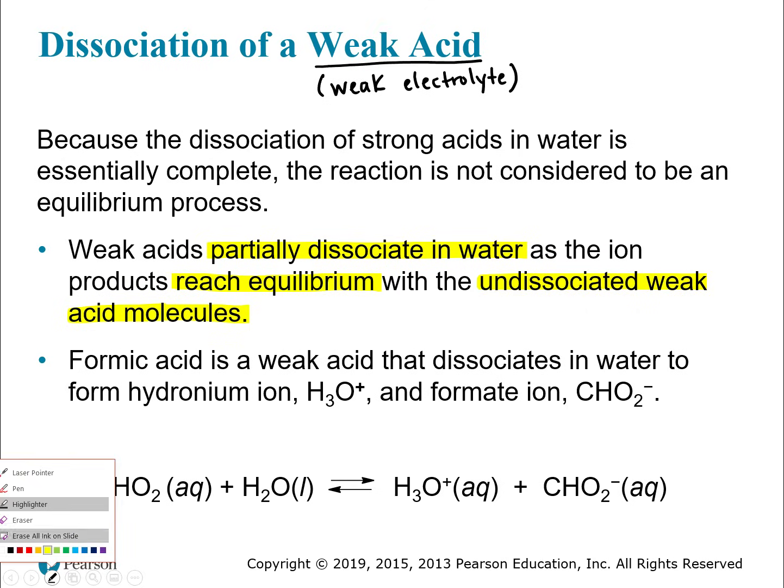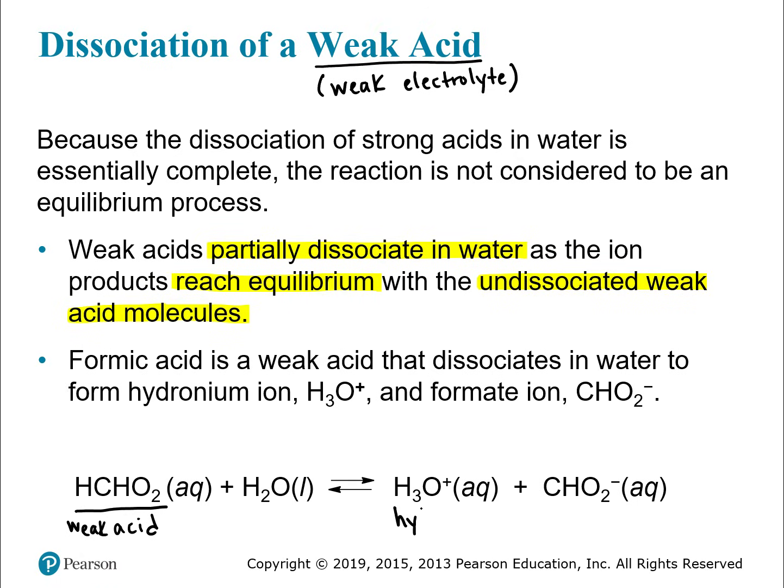So what that means, if we look at the equation below, is that we have an acid here, which is a weak acid, and it's in water, and it will dissociate to form what's called the hydronium ion, which is sometimes written as just H+. And then we also form what's called a conjugate base.